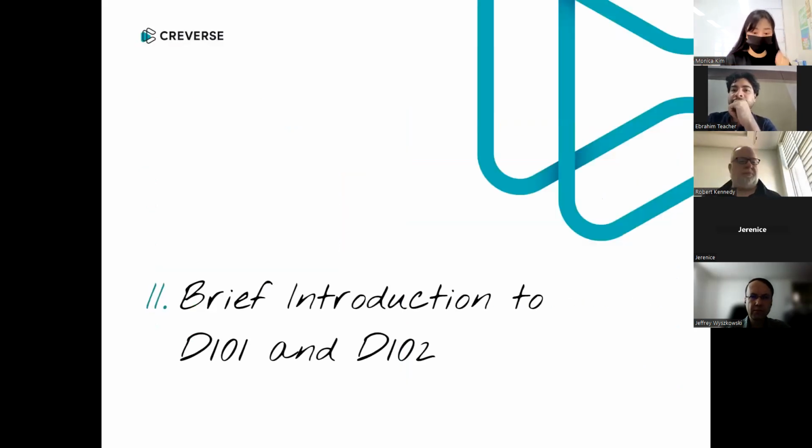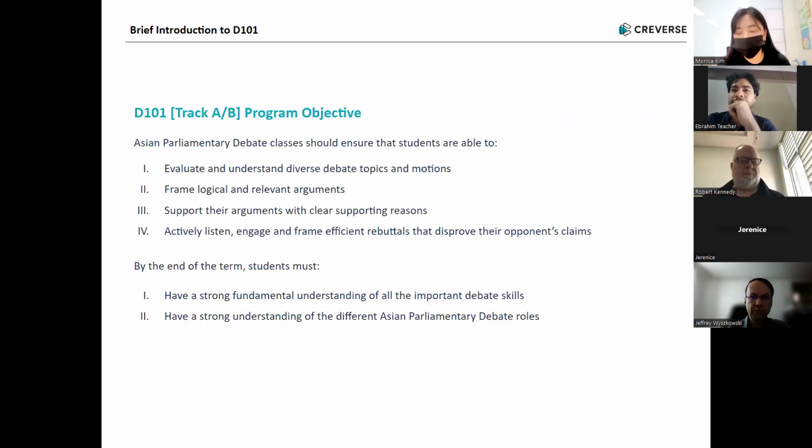For the actual objective of D101, because this class is tailored towards beginner students, beginner debaters, you are really working on formulating a basic understanding. I have simplified the debate motions so that it's not too difficult for beginners to understand how to debate.